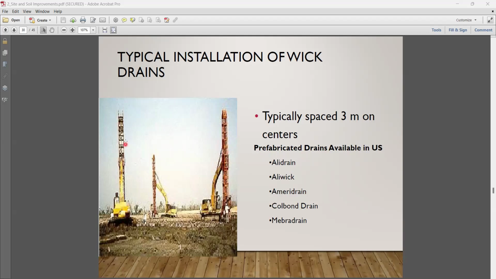Big drains are also installed by heavy machinery, so you will see these kinds of rigs where they install big drains. These are some of the types or the brand names they have in the United States.